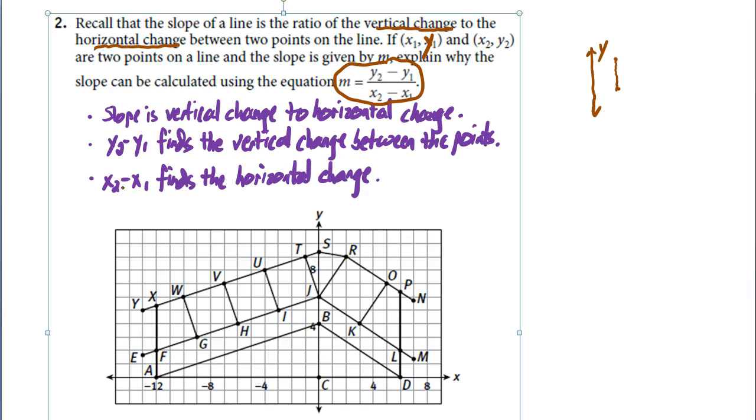And the difference of the x-coordinates right here finds the horizontal change. Again, the reason for that is because the x-axis is your horizontal axis. If you had a dot and you subtracted their x-coordinates, that would find you that horizontal change. So here is our explanation of why that formula worked in algebra class.